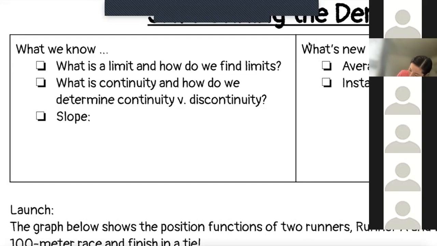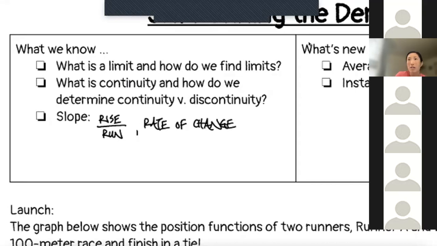All right, so we've got slope is rise over run. Rate of change, I love it. Y equals mx plus b.